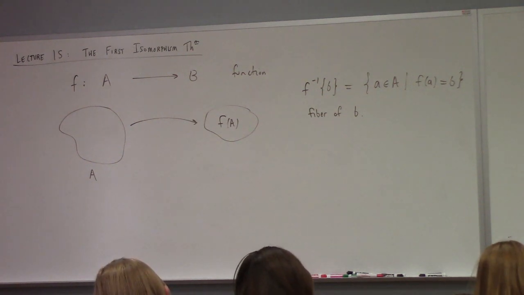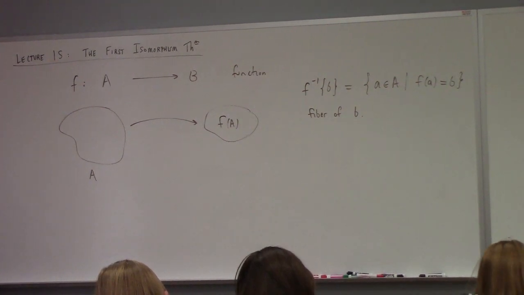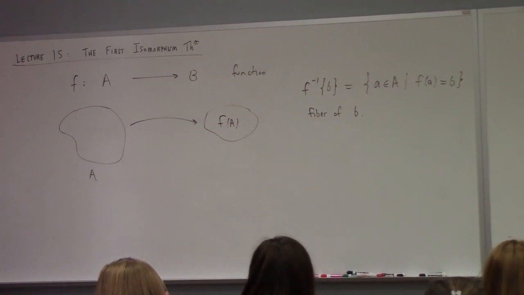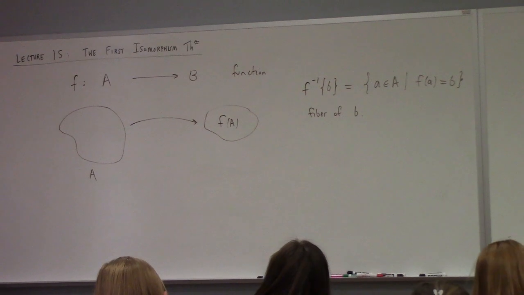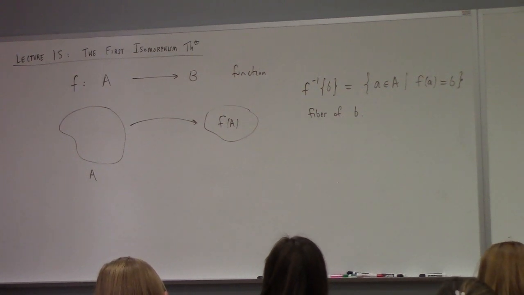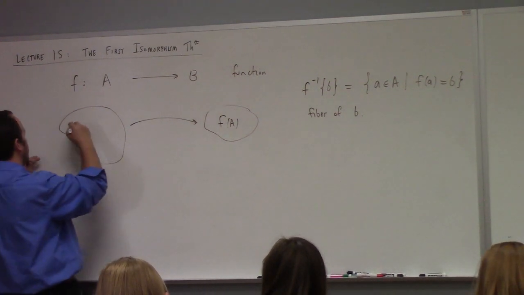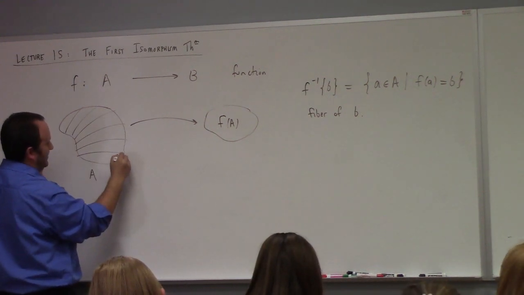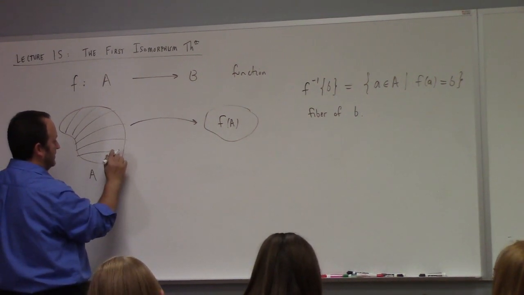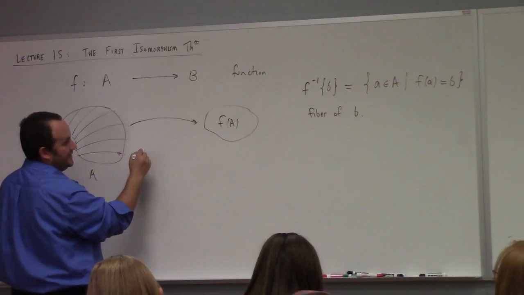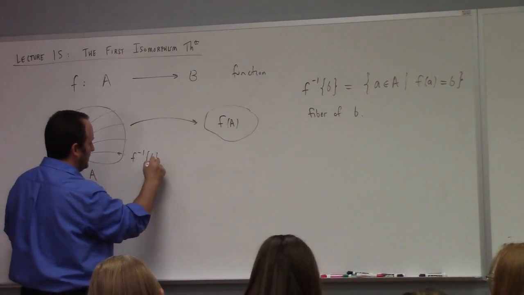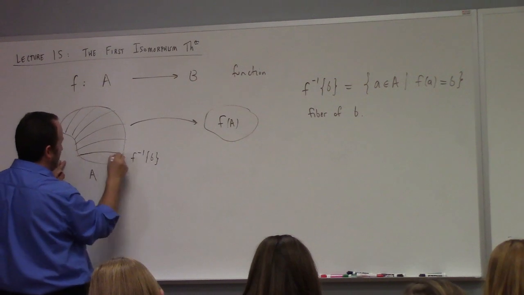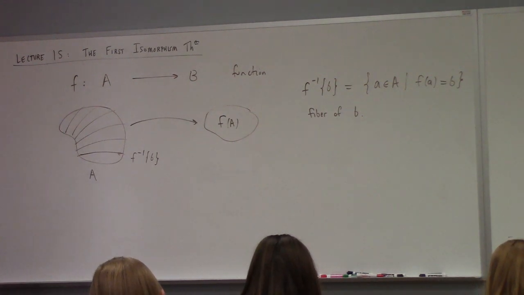We proved that if you have two different fibers, well, they're distinct, right? And you can find a fiber covering every point in the domain. So something like this is a picture we could make, yeah? Maybe this is a typical, in my heuristic picture here, the fibers partition the domain, right?